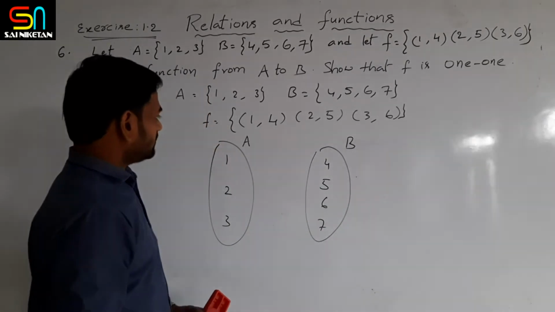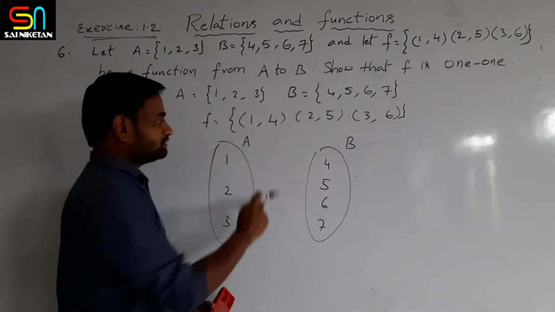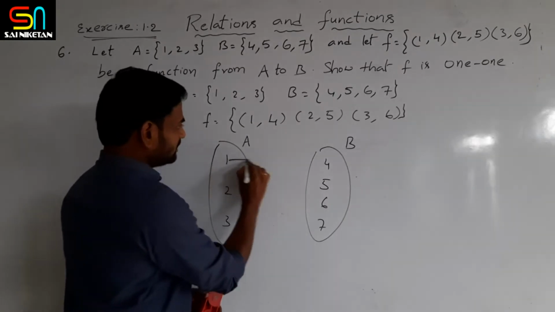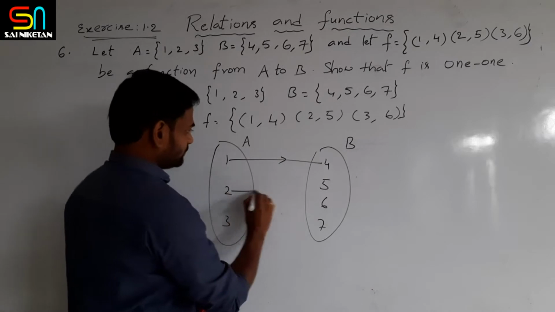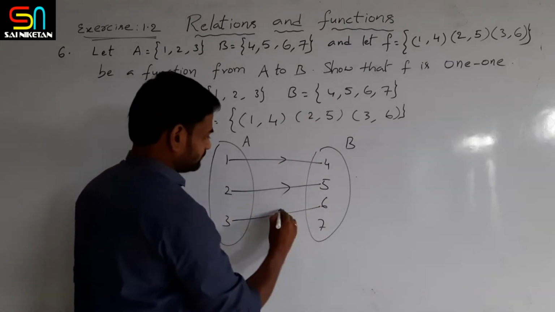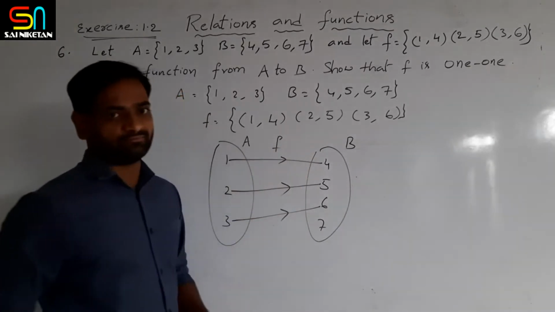Now see here, I am writing the mapping here. That is (1, 4), mapping from 1 to 4. So here 1 to 4. Next 2 to 5. Next 3 to 6. This is the mapping under the function f.